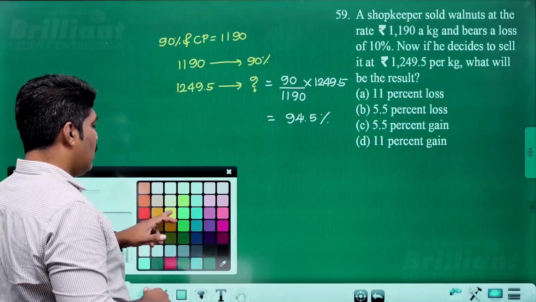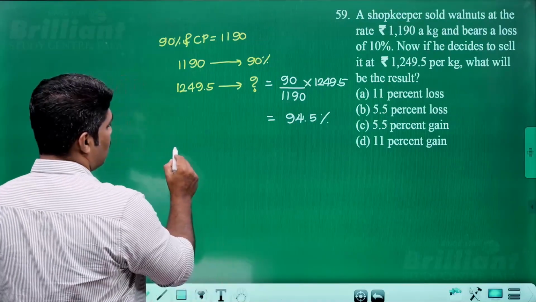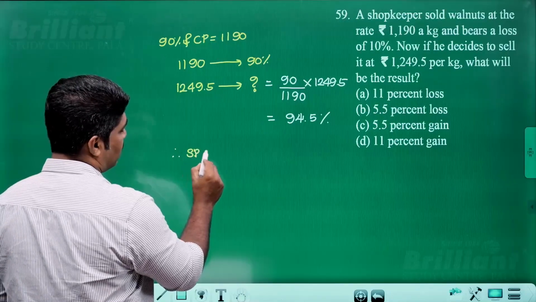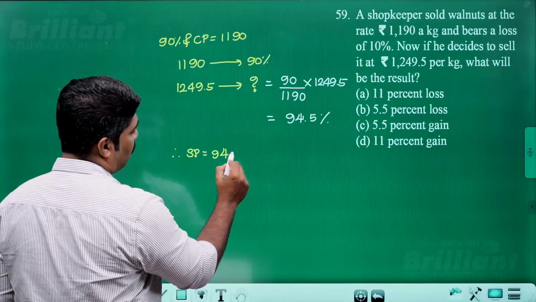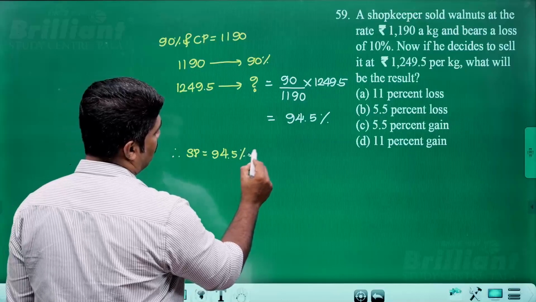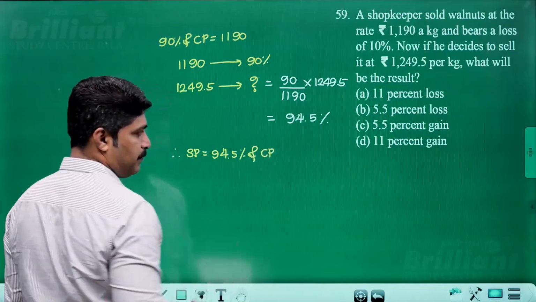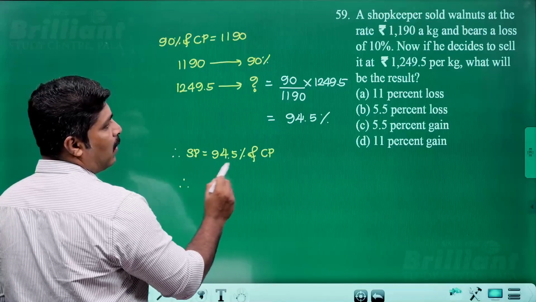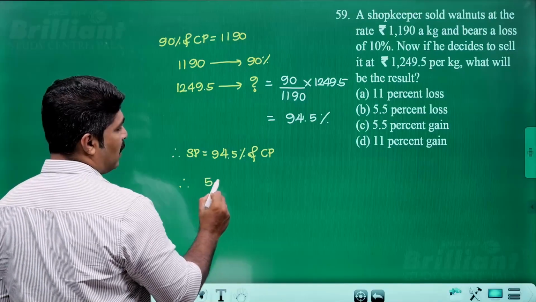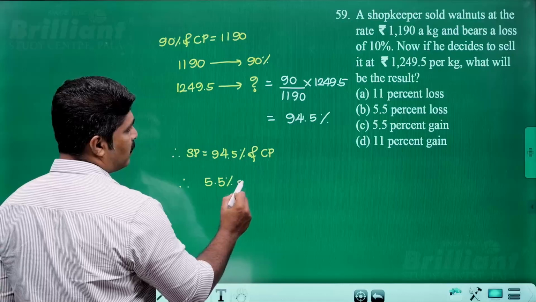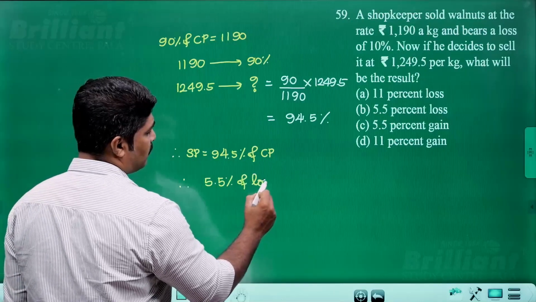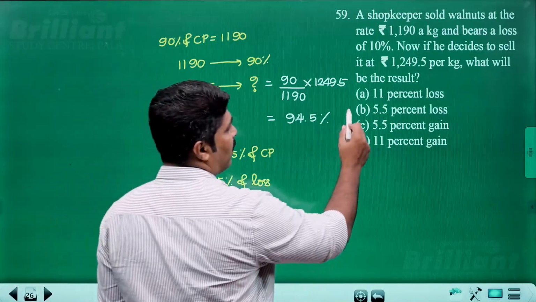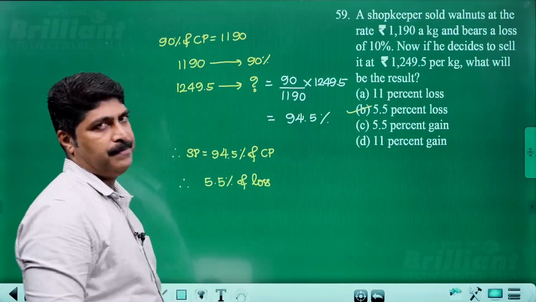In this new situation, the selling price is 94.5% of cost price. So what is the loss here? Therefore there is 5.5% of loss. Got it? So this is 5.5% loss.